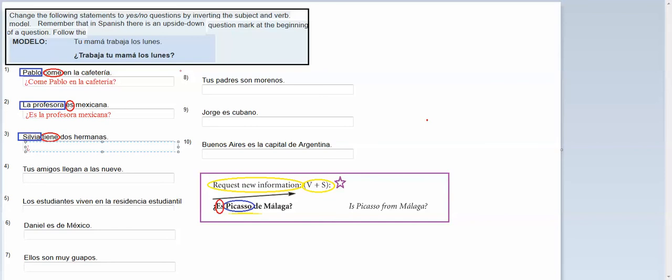Then I'm going to use my verb, tiene, because the verb goes first. And then I'm going to put Silvia. And then the rest of my sentence, dos hermanas, and put a question mark.